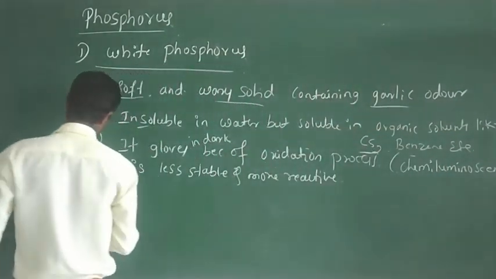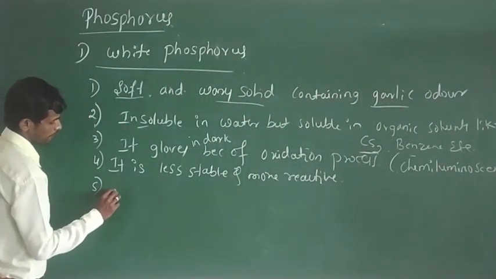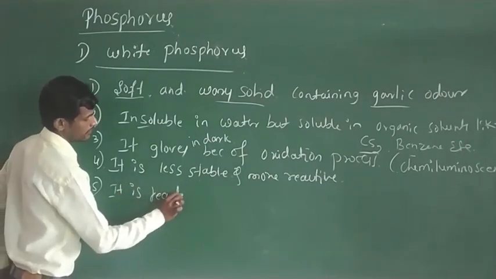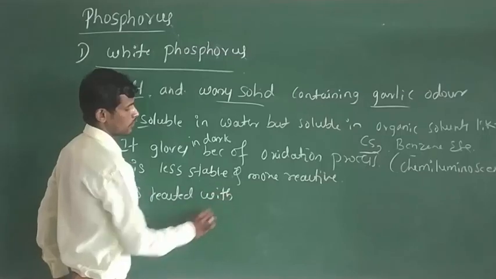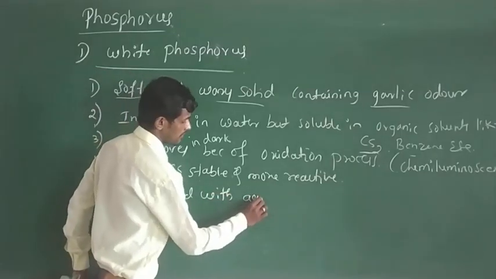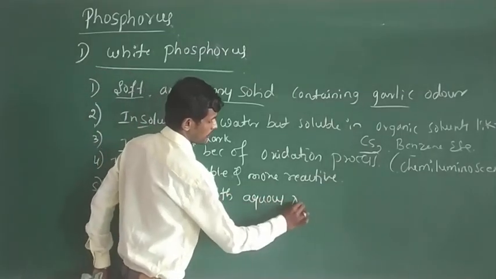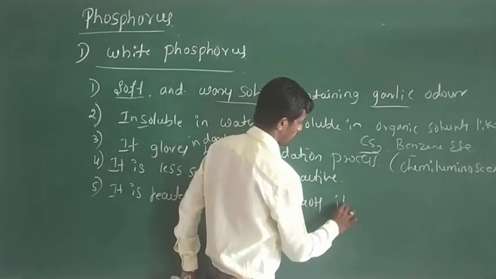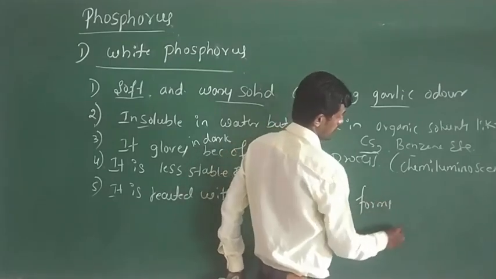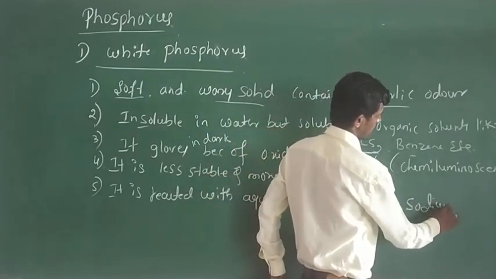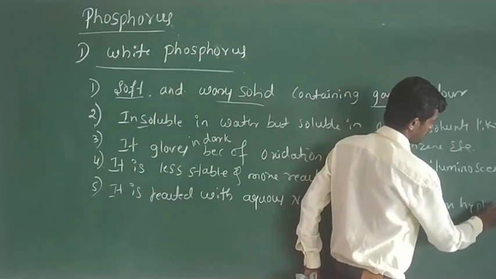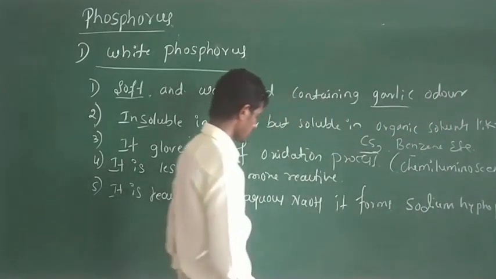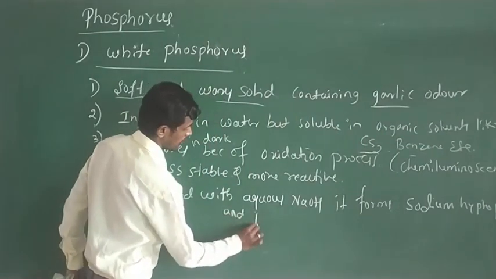When white phosphorus is reacted with aqueous NaOH, means aqueous caustic soda, it forms sodium hypophosphite and phosphine.